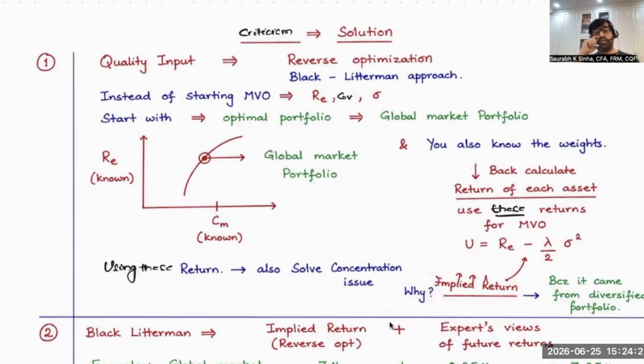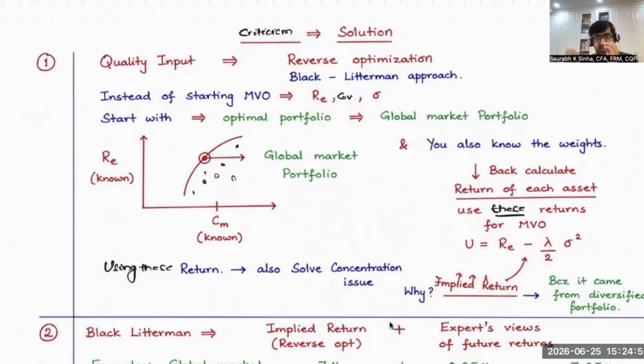And it is also saying that these return will also solve concentration issues in the mean variance optimization, because you will never ever find any asset which has a higher Sharpe ratio or a lower Sharpe ratio, because all those assets which are inefficient would not be on the efficient frontier of Harry Markowitz, so it will not be on the efficient frontier of CAPM.